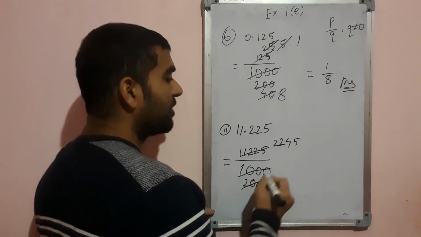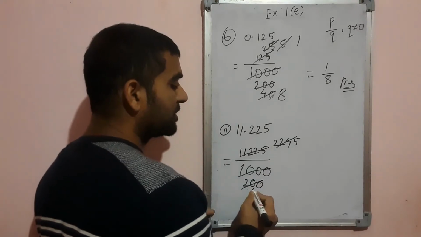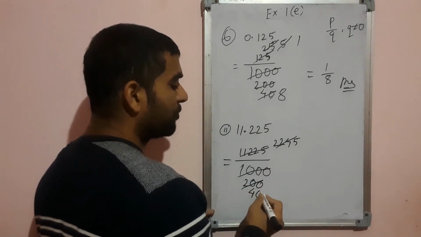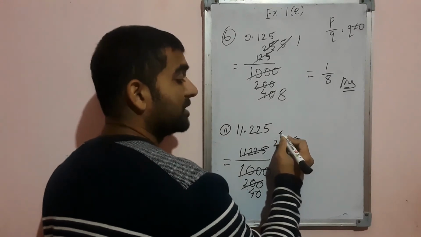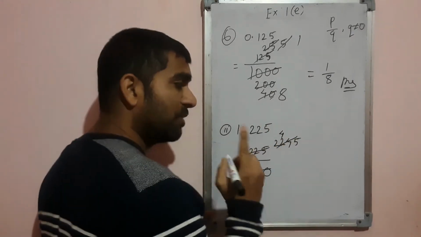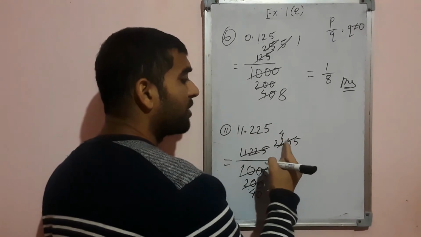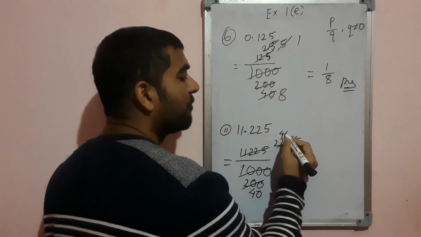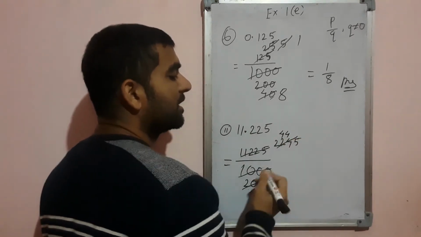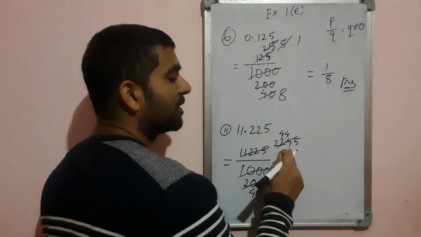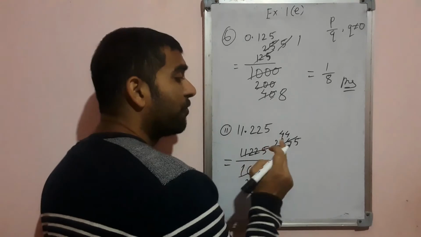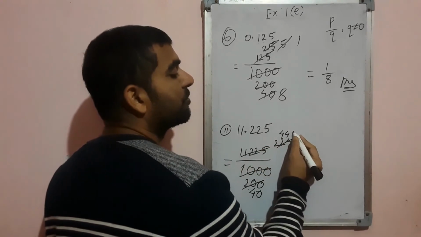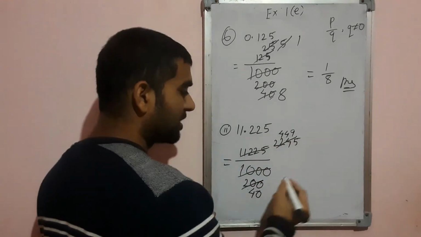Now again cancel with 5 here and here. 5 4s are 20, 0 will put 0. Here 5, how many times? 5 4s are 20. 22 minus 20 we will get 2. 2 5 4 24. Again 5 4s are 20. So 24 minus 20 we will get 4. So 4 5, how much? 5 9s are 45. So what is your answer?